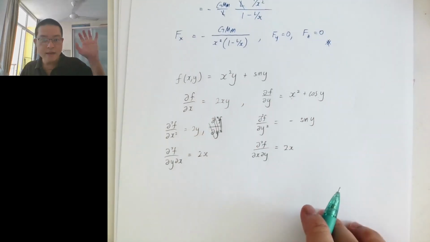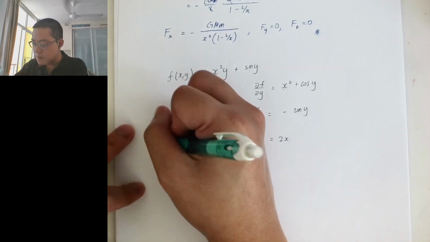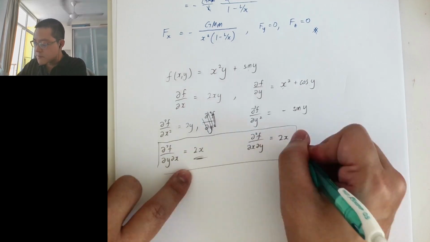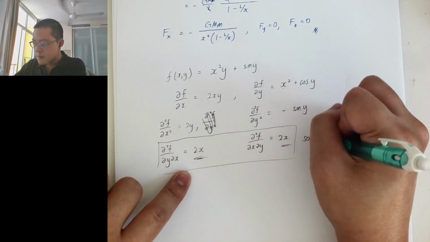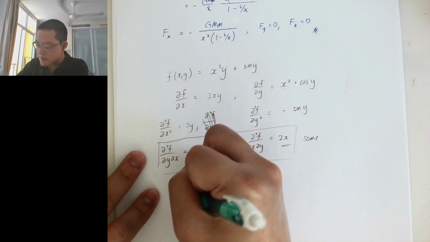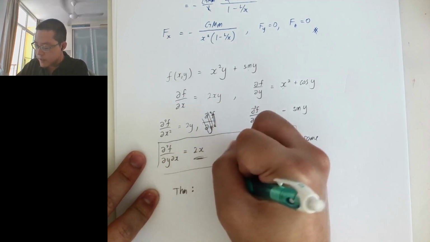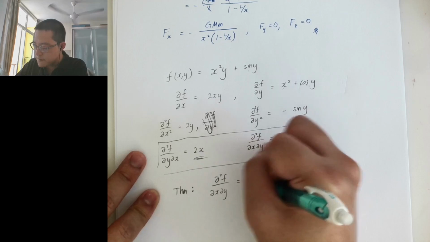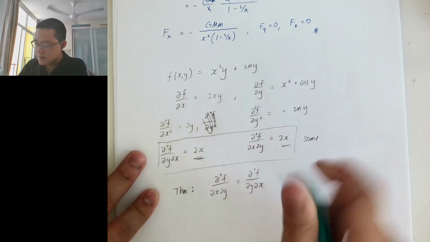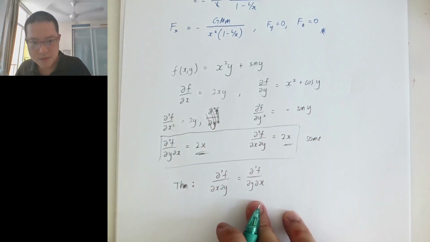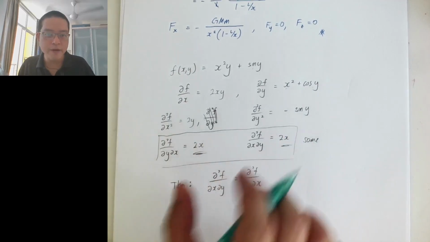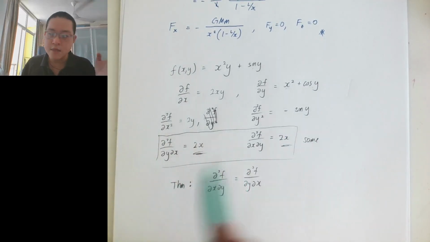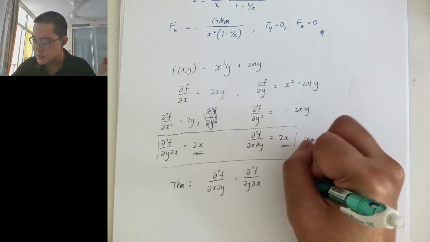And there's an important theorem about partial derivatives: notice that these two are the same. Partial squared f partial x partial y is equal to partial squared f partial y partial x. This will come in very useful even for thermal, because it will give you the Maxwell relations.